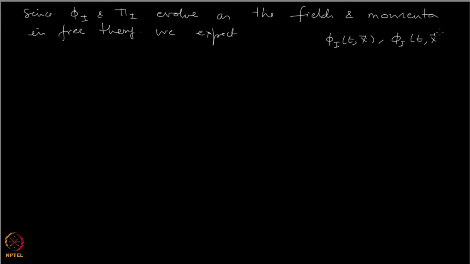That is the expectation that we will have. So this we should expect to be 0. These are equal time commutation relations.